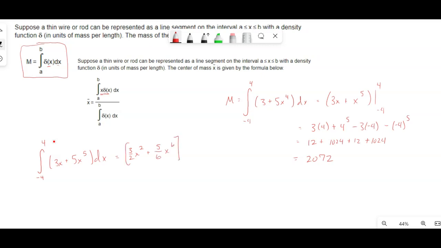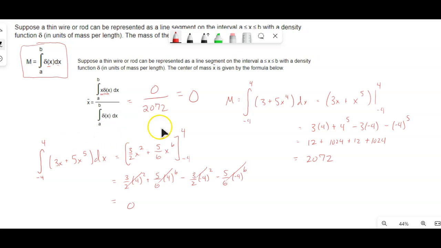And I'm plugging in 4 and -4. Now this time, because these are even powers, the sign doesn't change. So these would all just cancel. Everything's just going to cancel, and it's just going to give us a 0. So what we end up with is 0. This is 2,072, but it doesn't matter because we get 0.